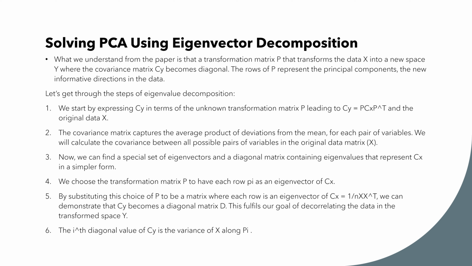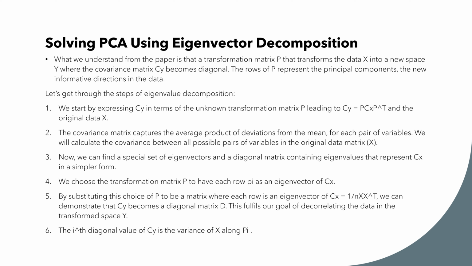And now we'll find a special set of eigenvectors and eigenvalues for the covariance matrix Cx. These eigenvectors are the principal components of our data, representing informative directions. We choose the transformation matrix P so that each row is an eigenvector of Cx.